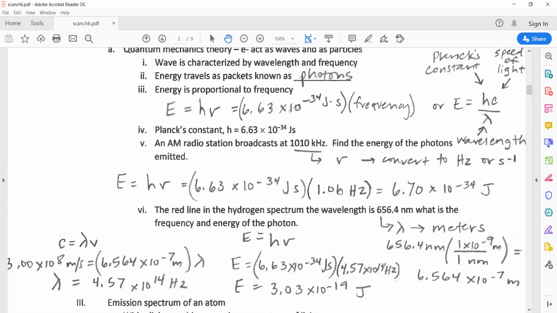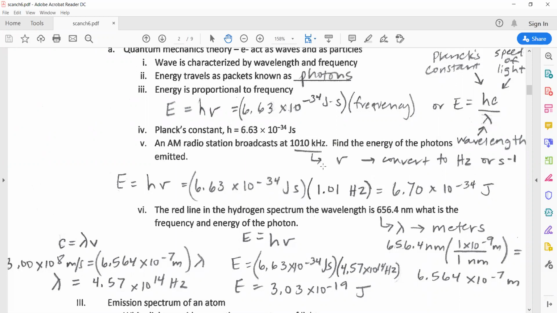Oh, it's multiplied by 1,000. I made a mistake here. So I need to go back and update this problem. We will multiply by 1,000 so that this will actually become 1.01 times 10 to the 6th. I will update this in the notes. So this is a good lesson: it's always good to write out conversions if you need to.